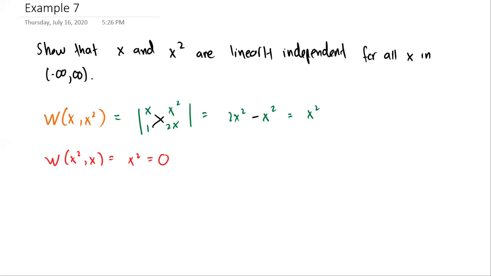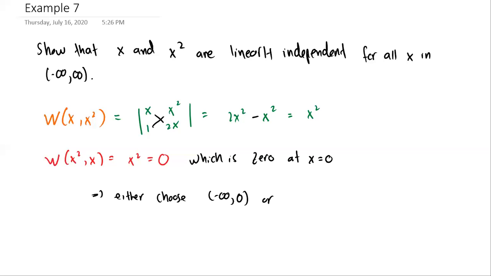So the fact that this Wronskian equals 0, right, means that in terms of the Wronskian, we would either have to choose the interval negative infinity to 0 or 0 to infinity, because we don't want to include this place where the Wronskian is 0.